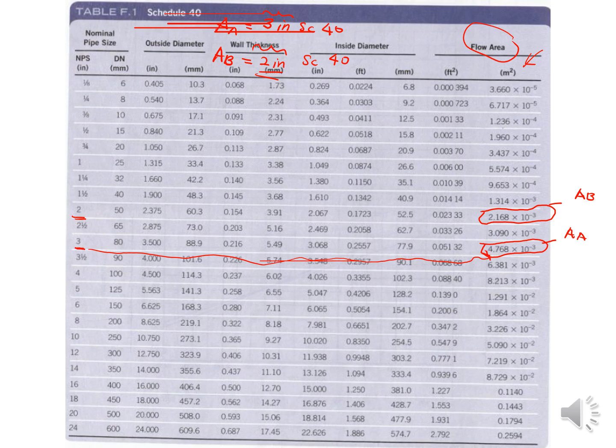So we will use this AA and AB value to calculate the VA and VB values by using the continuity equation, QA equals QB, which is VA times AA equals VB times AB. And we know that the QA is already provided from the question.